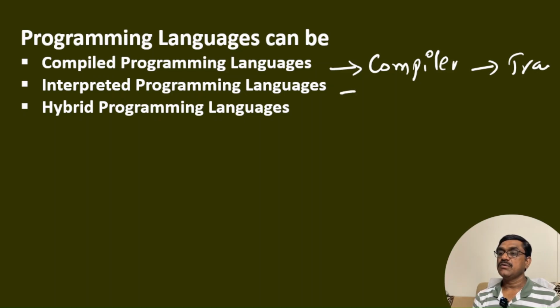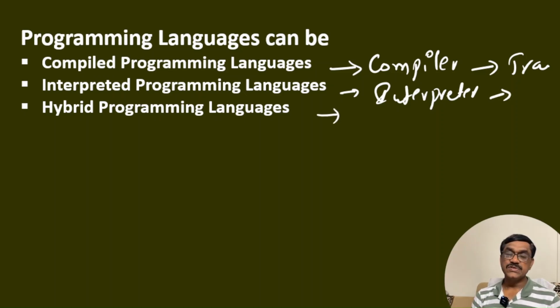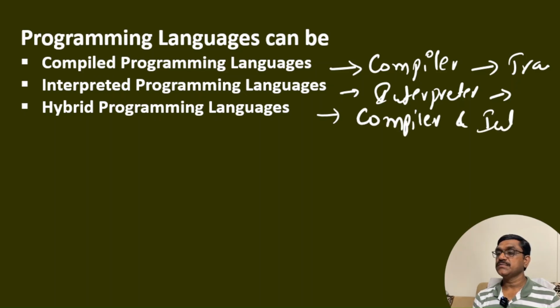That's all. Now, interpreted programming languages are nothing but they use the concept of interpreter for the translation. And hybrid programming languages use the concept of both compiler and interpreter for their translation.